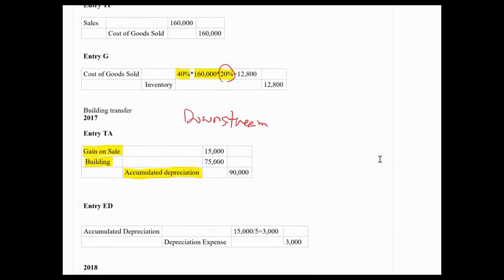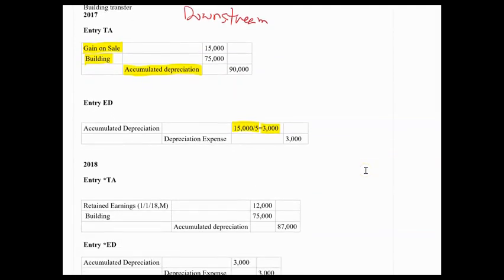Next entry is entry ED. We use entry ED to eliminate the excess depreciation associated with this overstated amount of the building, 15,000, because this building has a 5-year remaining life. So each year there's going to be $3,000 of excess depreciation. So we eliminate that. Okay, then let's go to 2018.